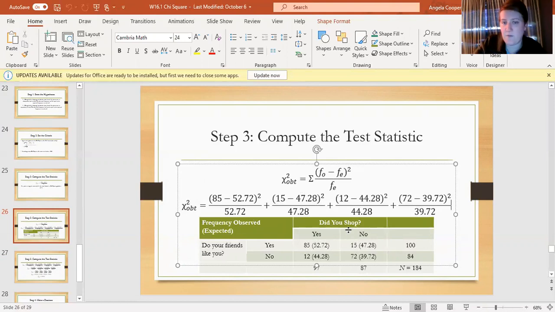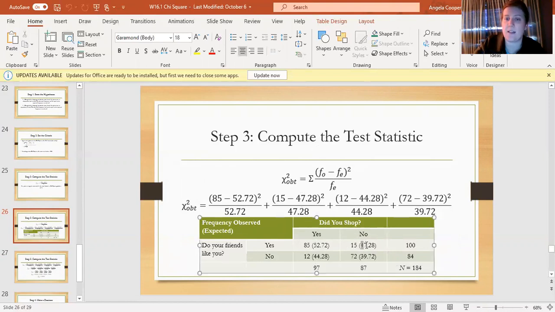So then we'll go just over this way. So 15 for did you shop? No. Do your friends like you? Yes. 15 minus our expected frequency of 47.28, squared, divided by our expected frequency of 47.28. Again, these expected frequencies we calculated by taking the product of 100, our row total, times our column total, 87, divided by 184.